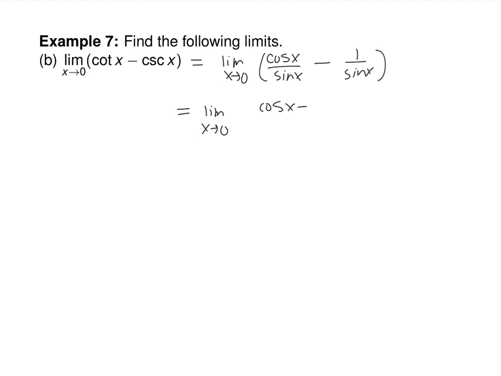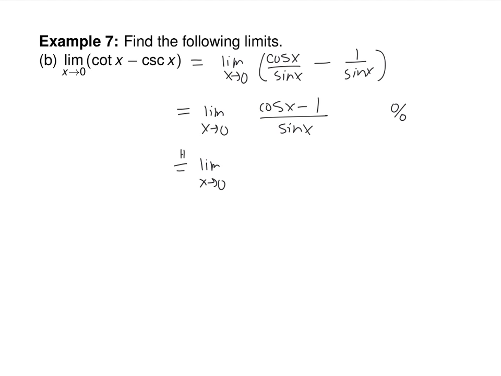That's cosine x minus 1 over sine. Is that okay? All right. Now, when you plug in 0, do you get a 0 over 0 thing going on? You do, because cosine of 0 is 1, and 1 minus 1 makes 0, right? So this is 0 over 0, and apply your L'Hopital rule.